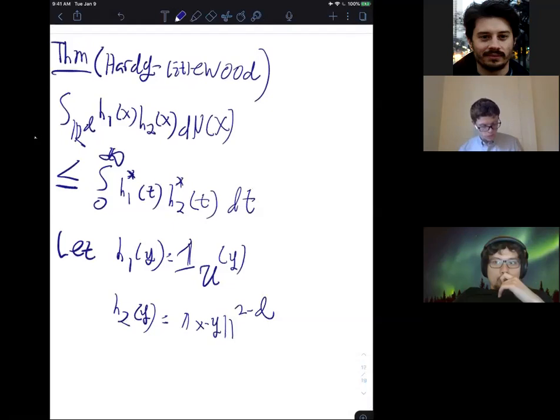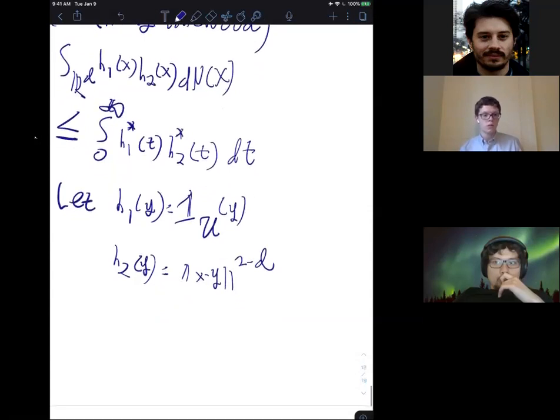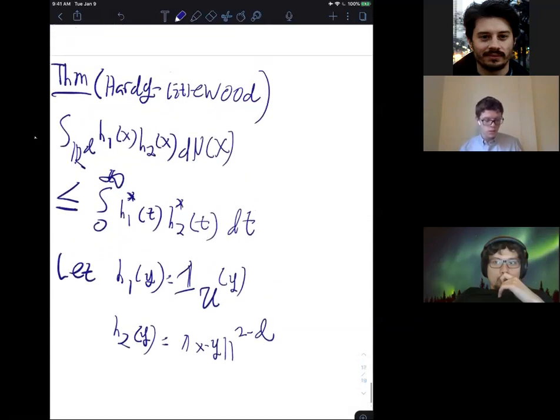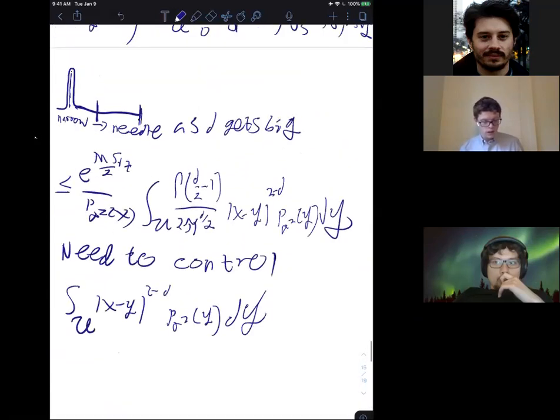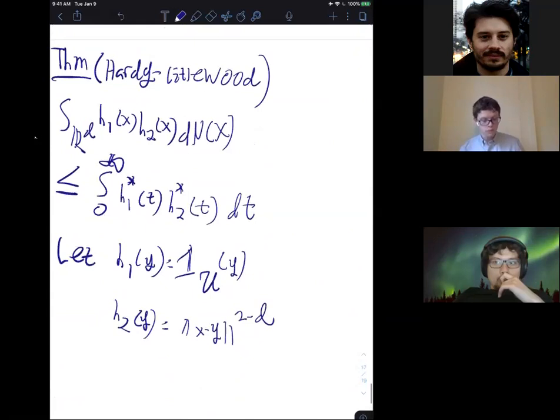I'm not going to actually do the calculations here because they're a little bit irritating. But the point is that this says exactly that the worst case set for what u can be in this integral right here is that u is this ball around x of a given radius.